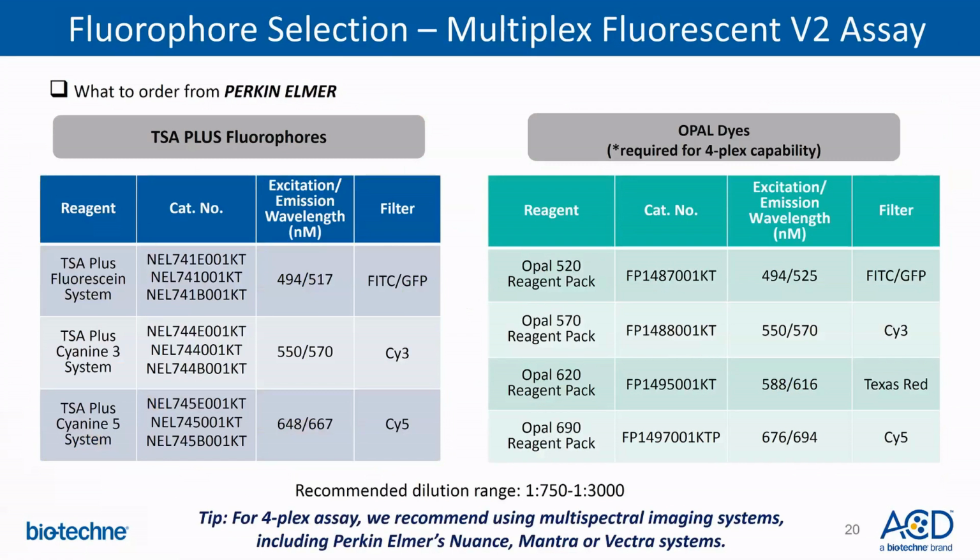The recommended dilution range for both TSA Plus fluorophores and Opal dyes is 1:750 to 1:3000. For the 4-plex assay, we recommend using multispectral imaging systems, including PerkinElmer Vectra, Mantra, or Vectra systems.